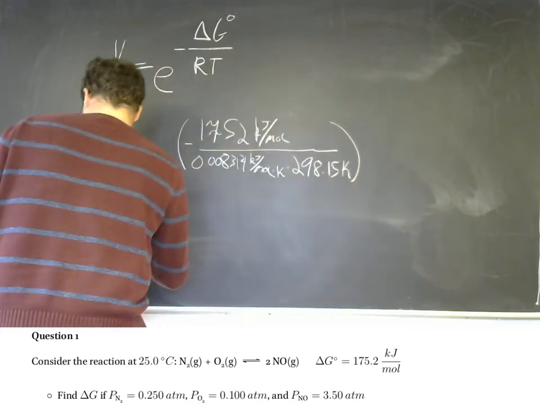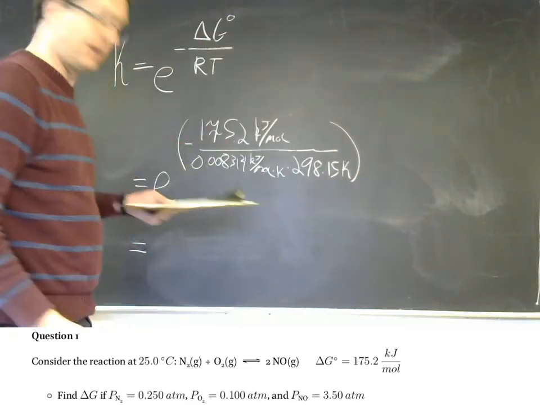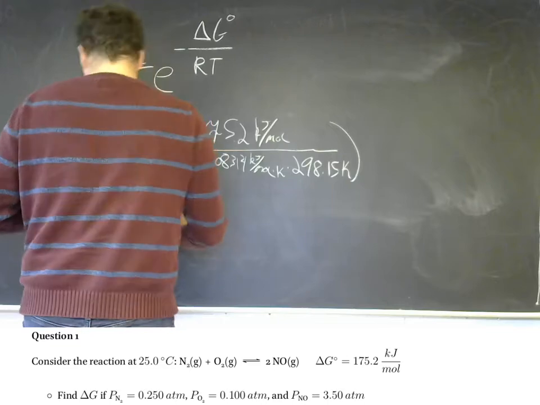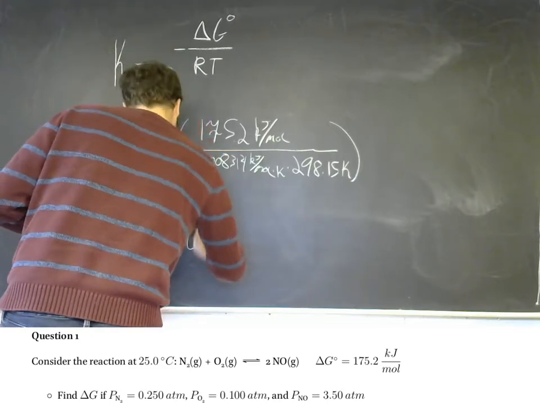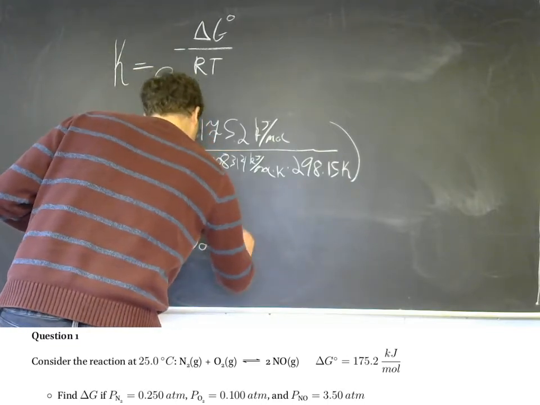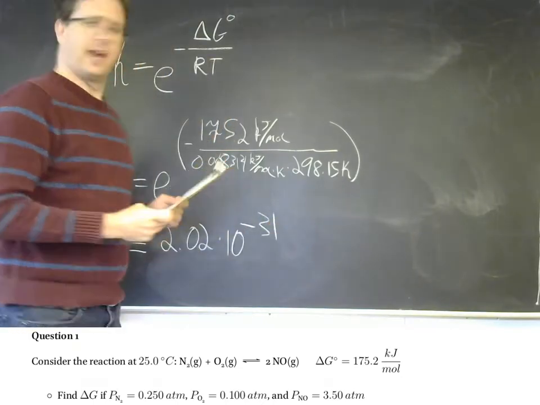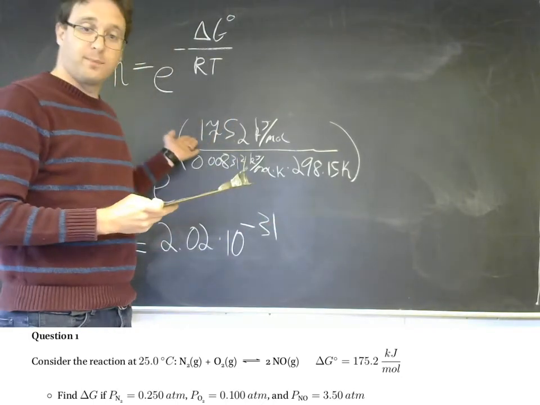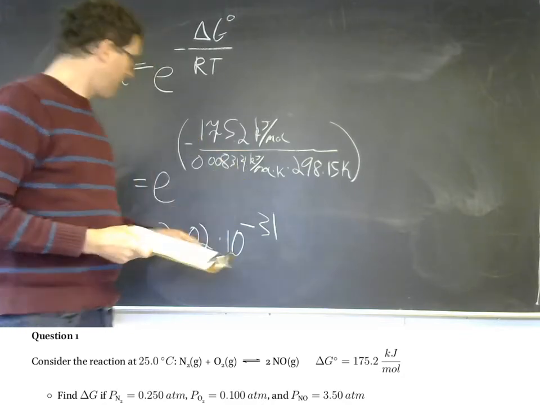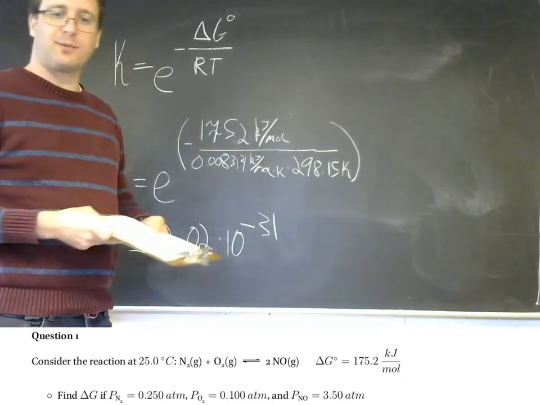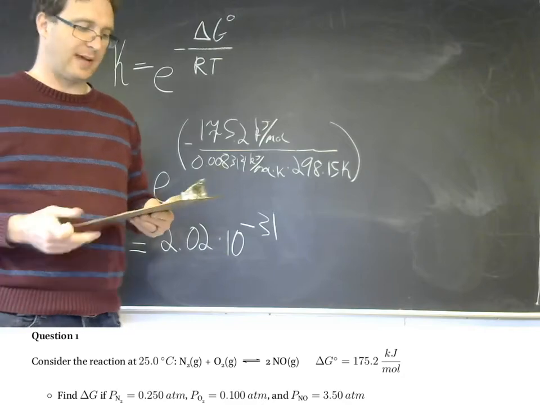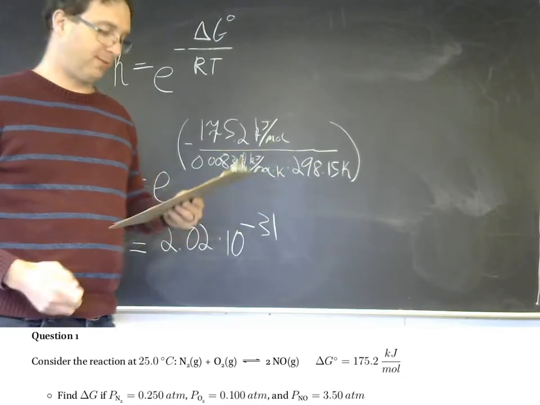And this is going to give us an equilibrium constant of 2.02 times 10 to the negative 31st. And given such a positive delta G naught, then a very, very small equilibrium constant makes sense. This is a very highly reactant-favored reaction.